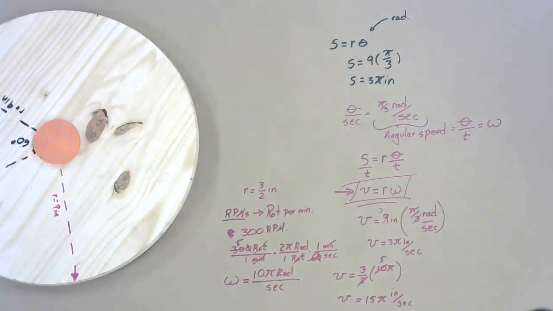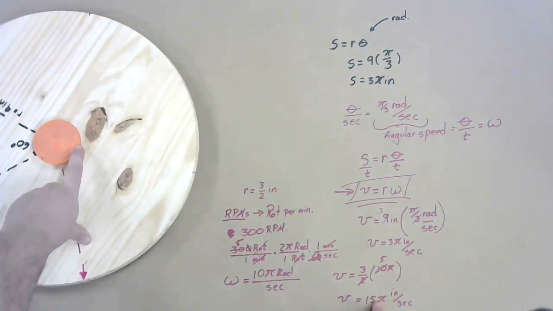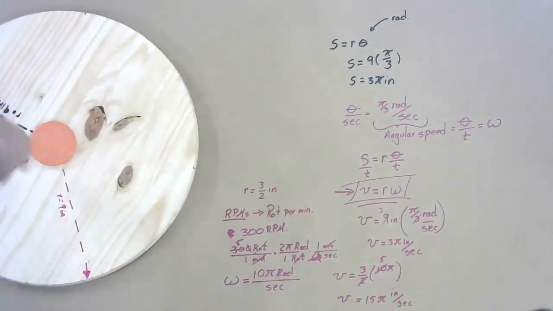I'm going to tend to leave the 15 pi, because 15 pi is a nice exact value. Well, if we want to approximate it, 15 times pi is somewhere between 45 and 50. So the edge of this circle, as this thing spins really fast, is going somewhat less than 50 inches per second as it spins around.